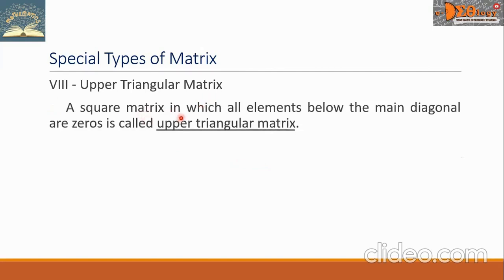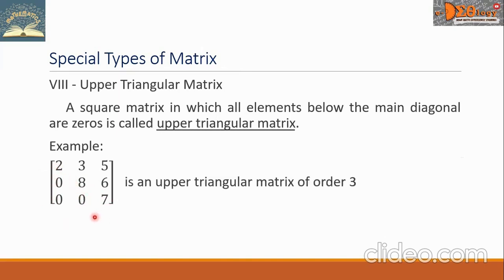A square matrix in which all elements below the main diagonal are zeros is called upper triangular matrix. We have here one example. The elements in the main diagonal are 2, 8, 7 respectively. We can see here that the elements below the main diagonal are all zeros. So this is an example of an upper triangular matrix of order 3.